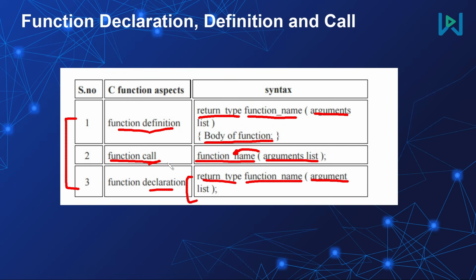Trying to invoke or call a function that has not been declared previously will cause the compiler to throw a compilation error. Trying the invocation of a C function that has been declared but not defined will cause this time the linker to throw the error of undefined reference.